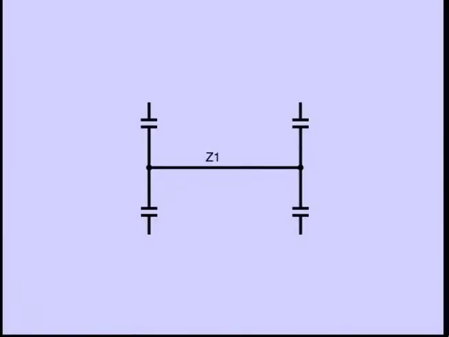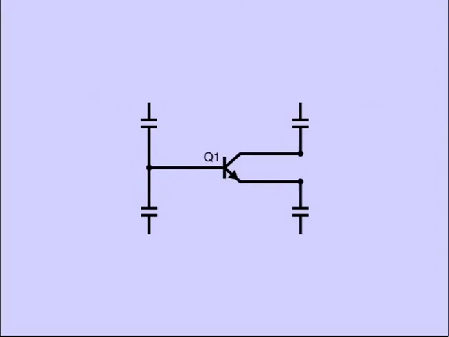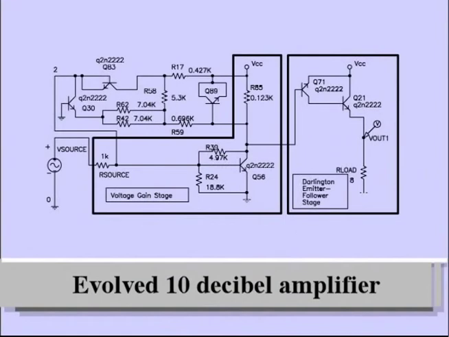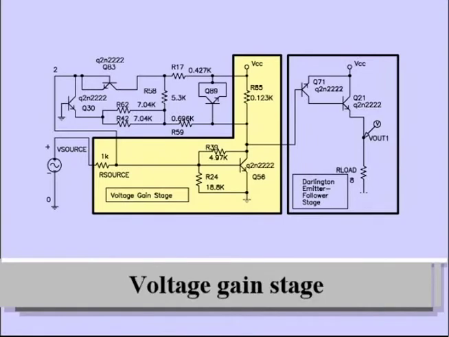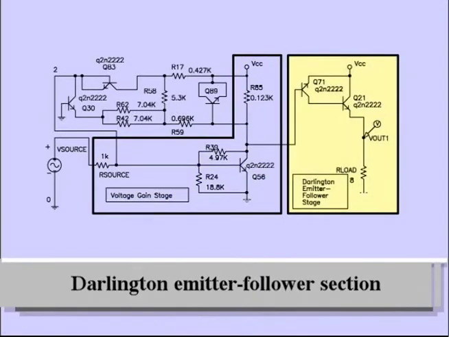We can shift from passive circuits to nonlinear active circuits merely by adding transistor-creating functions to the function set. Our very first evolved amplifier contained a recognizable voltage gain stage and a recognizable Darlington emitter-follower section.